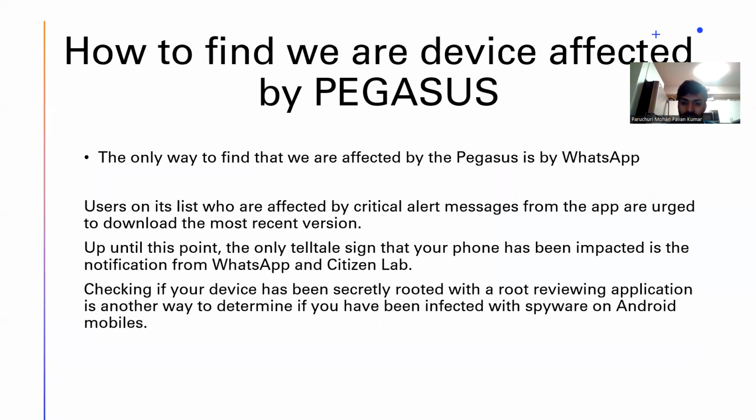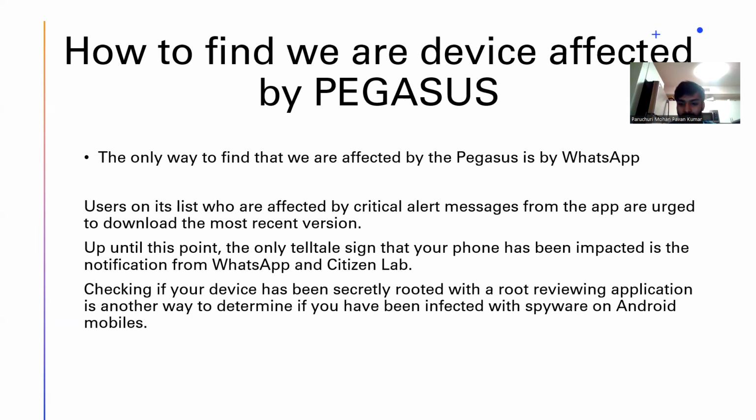How do we find out whether a device is affected by Pegasus? It is very difficult to find, but in the early stages we can know. When our device is affected by this malware, it sends a critical alert message saying you have to install the newest version of WhatsApp.